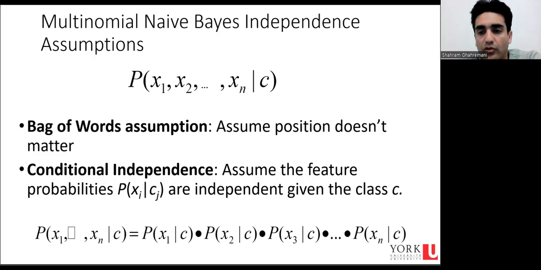We are just going to multiply them all together. We are not going to care about which position x1 occurred in. All we care about is that it was this particular word or feature, and we are not going to care about the dependencies between x1 and x2.